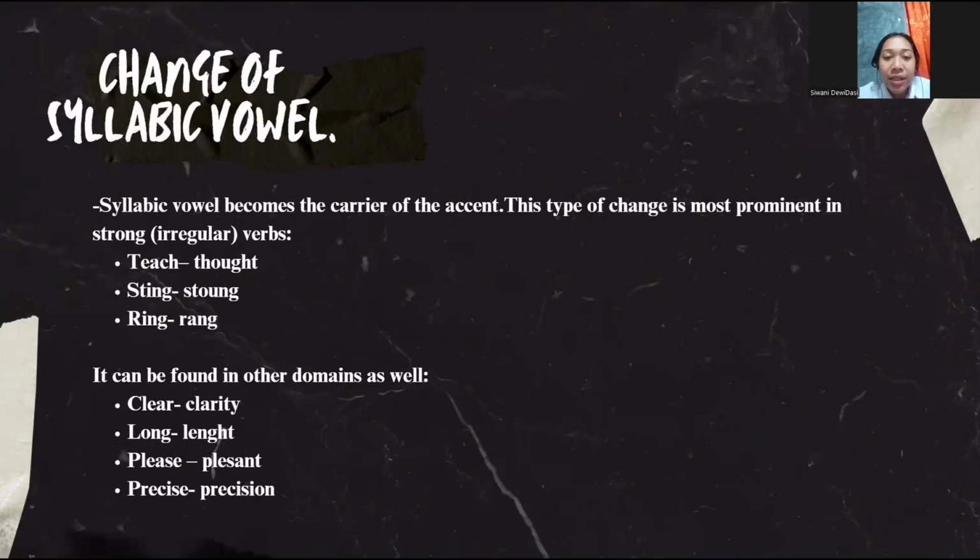Alright, now we have change of syllabic vowel. The syllabic vowel becomes the carrier of the accent. This kind of change is most prominent in strong or irregular verbs. For example, teach to taught, sting to stung, ring to rang.